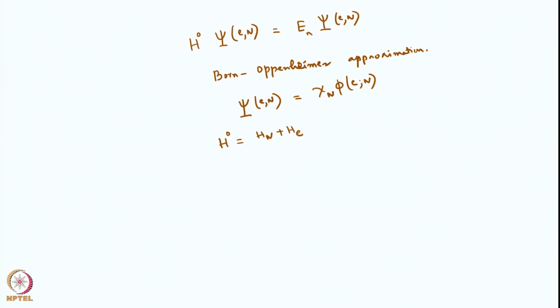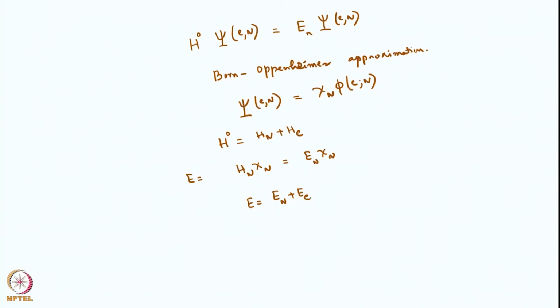Now, when I look at H nucleus, the total energy equal to H nucleus chi nucleus will give you E nucleus chi nucleus, but the total energy E is nothing but E n plus E electron.